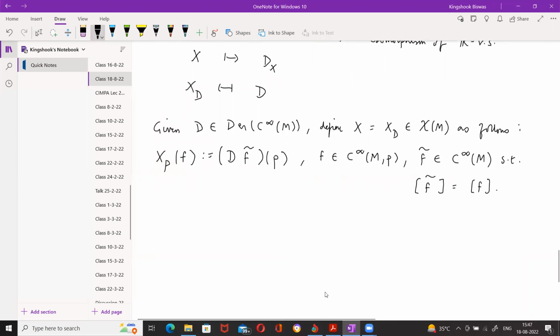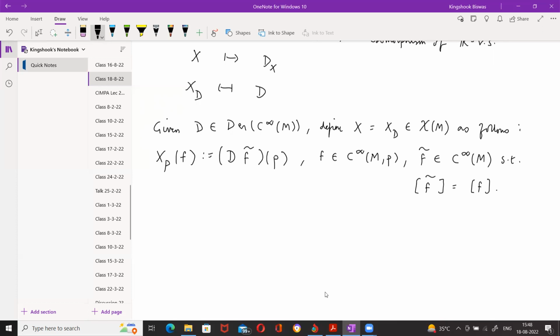So this gives you the map in the opposite direction, and then you can check these two are inverses of each other. So any vector field gives you a derivation of C infinity of M, and conversely, any derivation of C infinity of M gives you a vector field, and these two maps are inverses of each other.